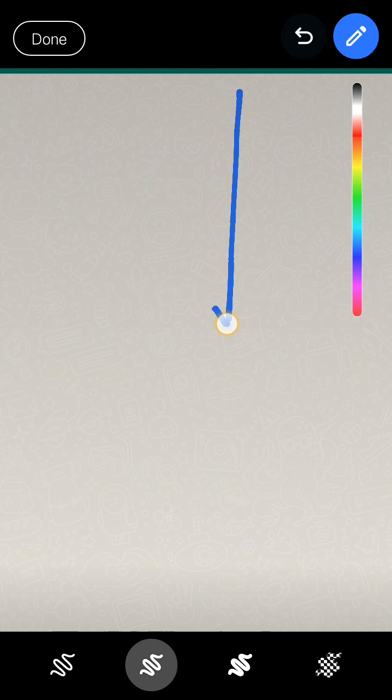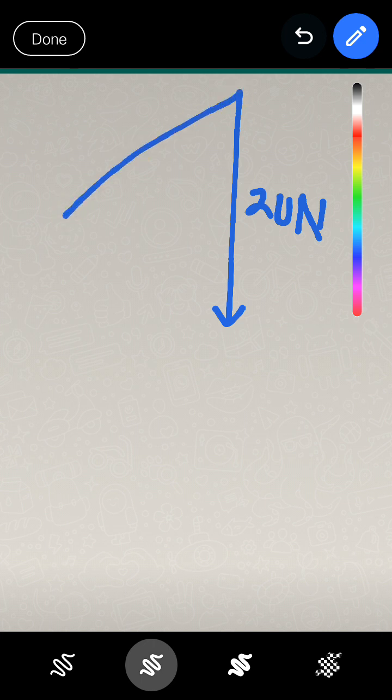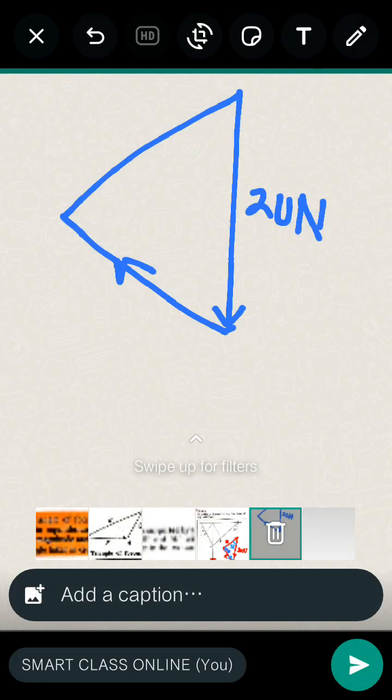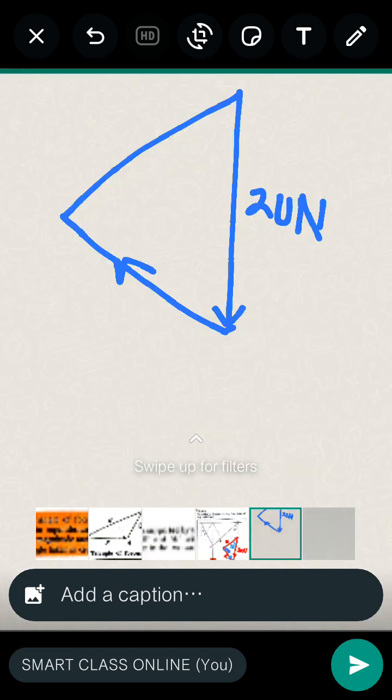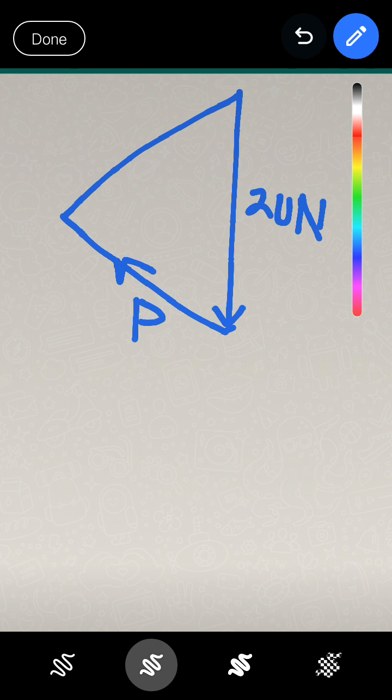We have the 20 Newton force, we have the Q and the P. The P is at 30 degrees, and the Q is at 50 degrees, and then we have 100 degrees.